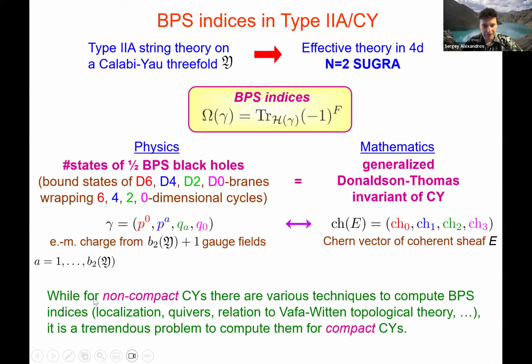But most of these techniques just do not work in the case of a compact Calabi-Yau. Nevertheless, this is precisely the problem which I would like to address in this talk: how to compute these BPS indices for compact Calabi-Yaus.